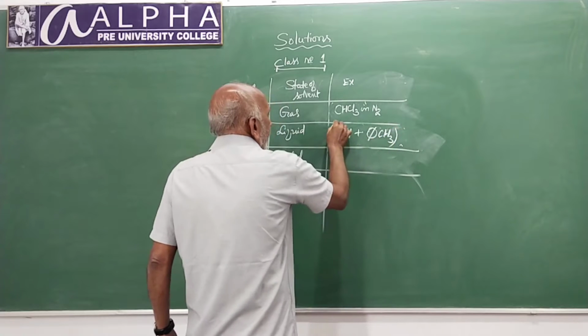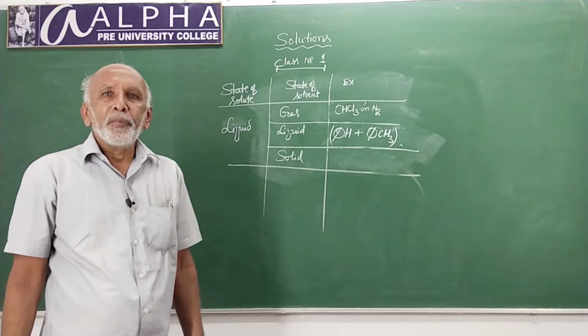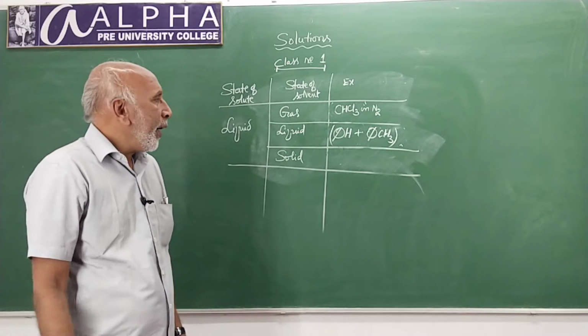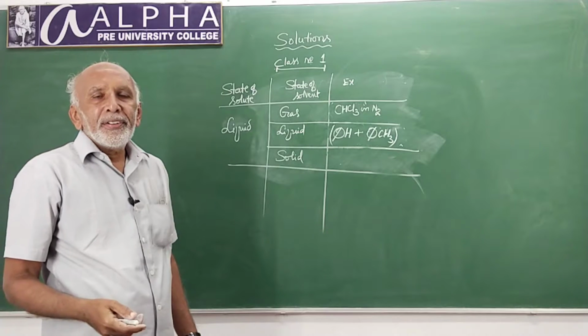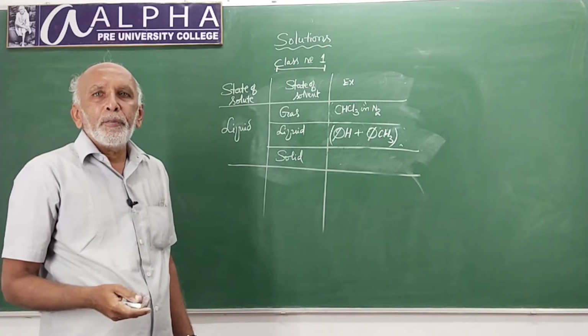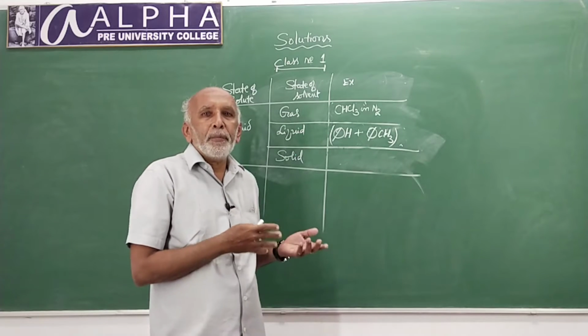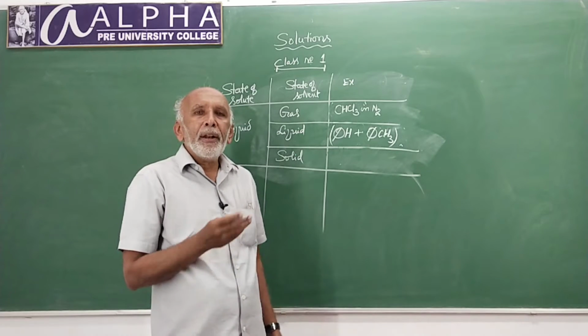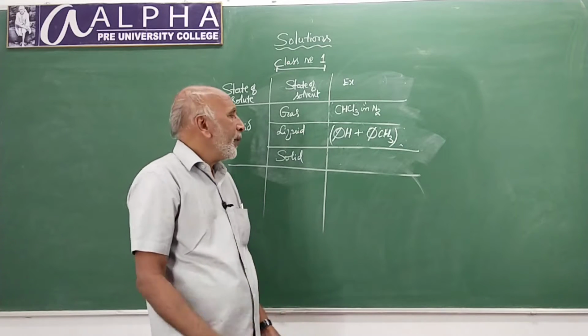A mixture of benzene and toluene is a homogeneous solution. Hydrochloric acid plus water, sulfuric acid plus water, alcohol plus water, that is ethanol plus water, methanol plus water. They are all examples of liquid in liquid solutions.